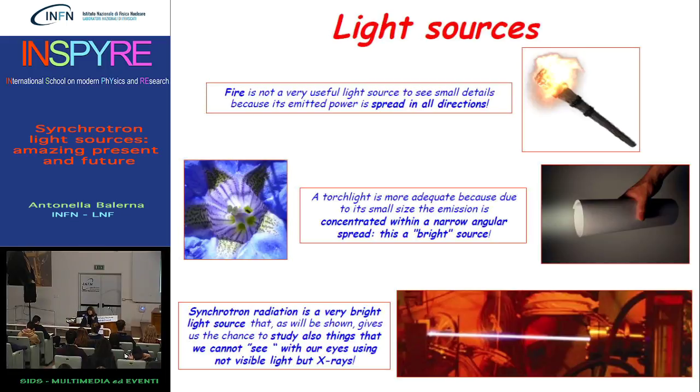But if I want to study very, very small elements, like atoms, I cannot use visible light. I need a photon source that is very narrow and that also gives me a huge number of photons, what is called a high density of photons. And when we speak of density of photons, we mean brightness. So I need a very bright source, concentrated in a small angular spread, to see very, very small things.